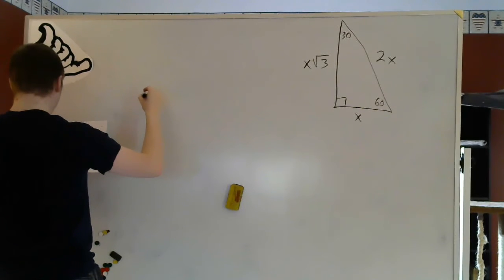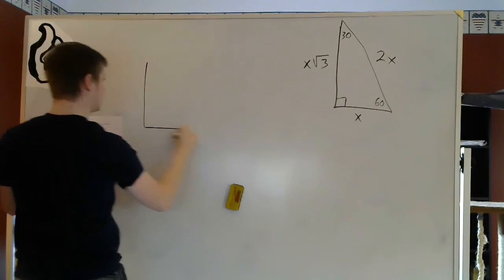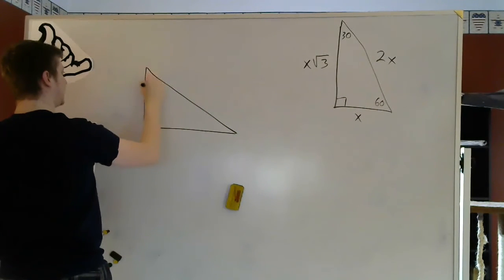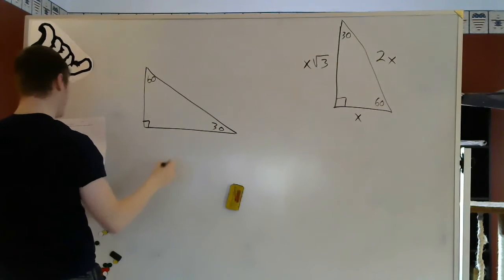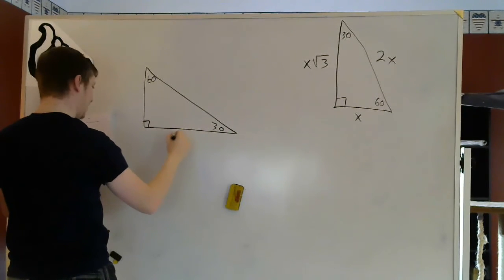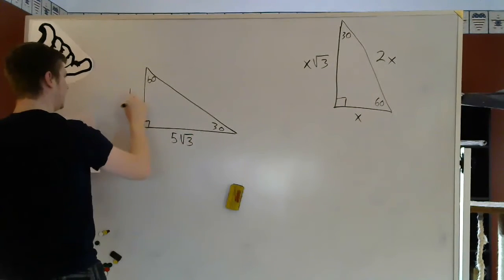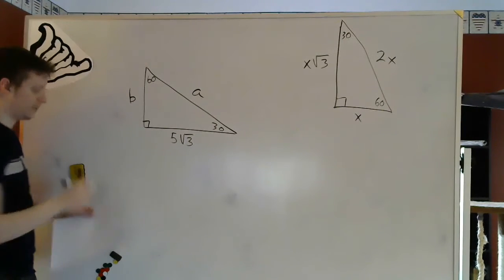So this is 60 degrees, 30 degrees, 90 degrees. I'm giving you the medium side. So opposite the 60 here, we've got 5 times the square root of 3. This will be B, and this will be A. We want to figure those out.